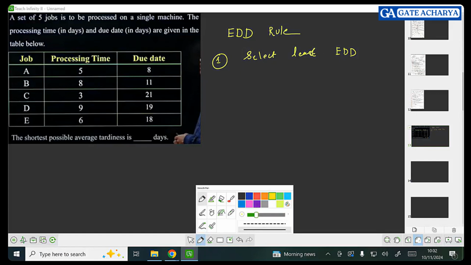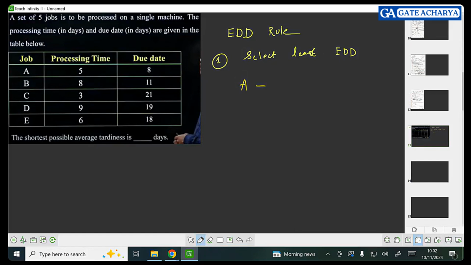The first one is A, the second is B, the third is E, the fourth is D, and the fifth is C. This is your job sequence. Whichever has the least due date will finish first.